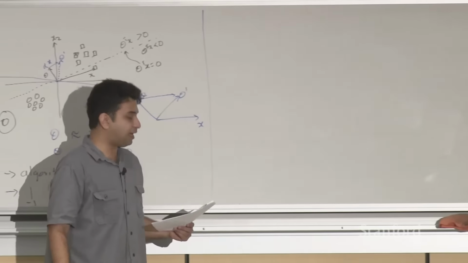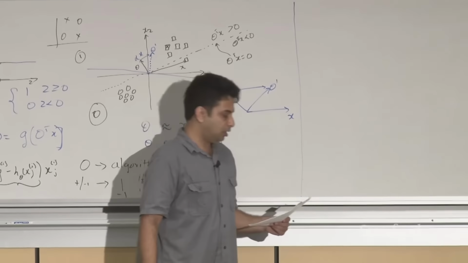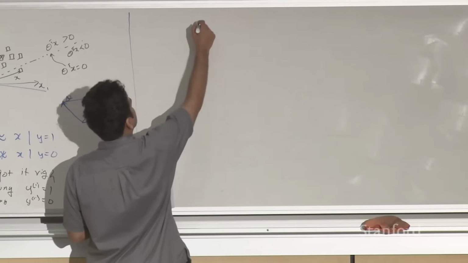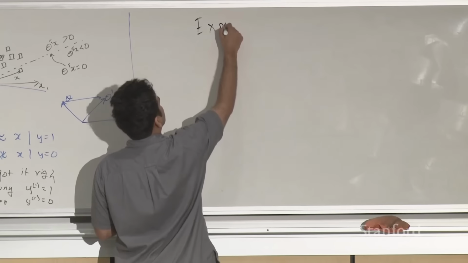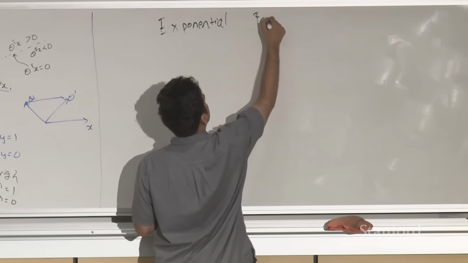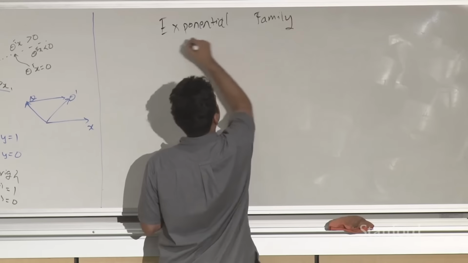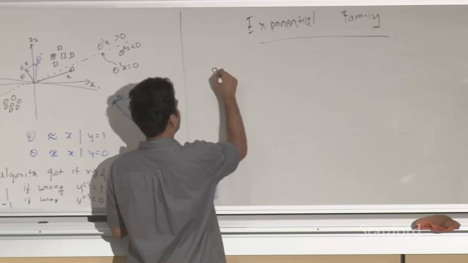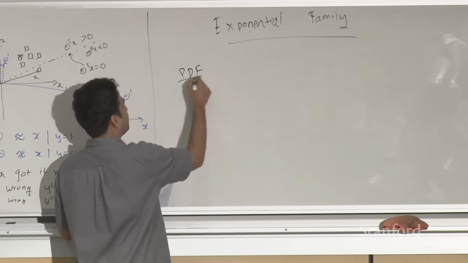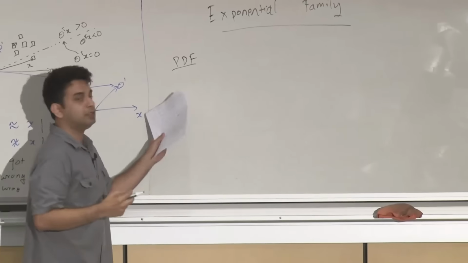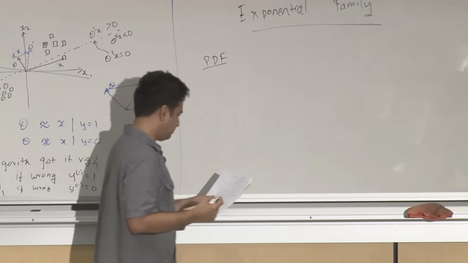So an exponential family is one whose PDF can be written in the form, by PDF I mean probability density function. If it's a discrete distribution, then it would be the probability mass function.